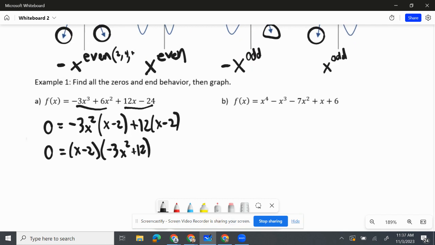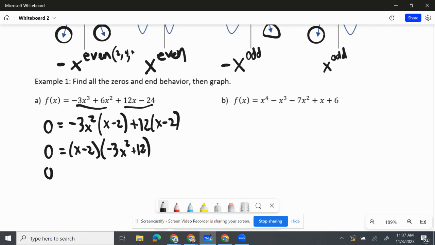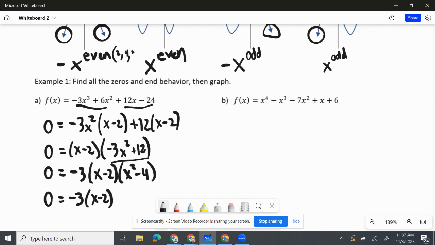If I factor out the negative 3 out of the second binomial, what I end up with is negative 3, x minus 2, and then this one is x squared minus 4. And of course, the x squared minus 4 would be x plus 2 and x minus 2.